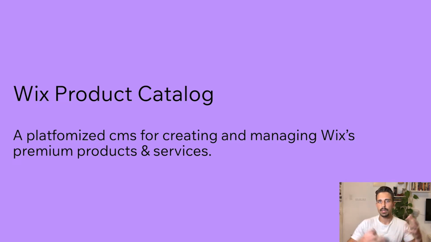It's basically a platformized CMS that was supposed to allow product managers and product marketing managers to quickly create, customize, and manage, and mix and match different premium plans, different premium offerings that Wix offers to its users.